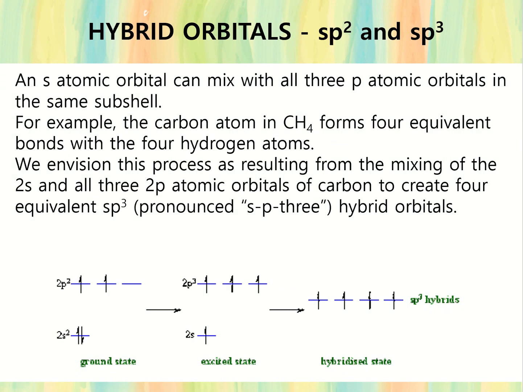All right, so let's look at it here. We know the electronic configuration of carbon already, right? We have two electrons in the 2s subshell and two electrons in the 2p subshell.